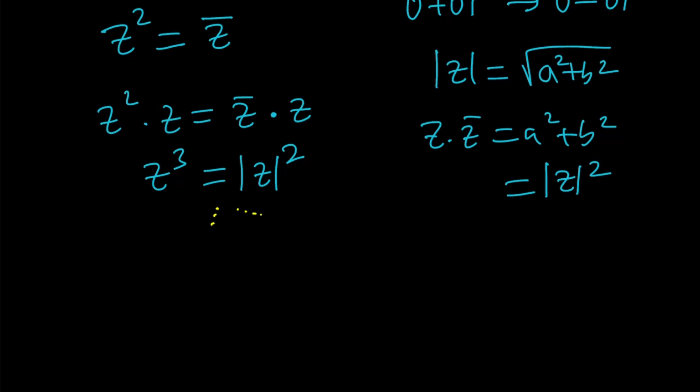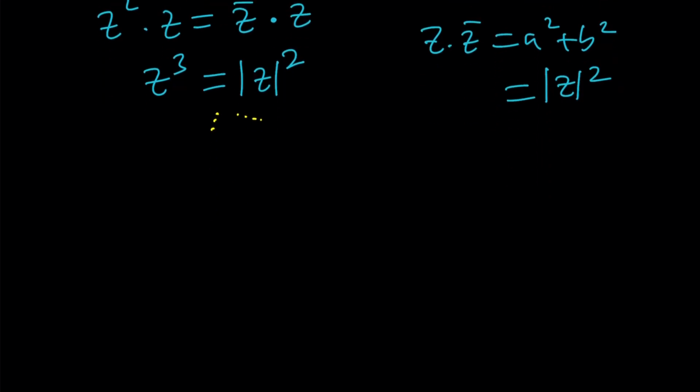Anyways, let's proceed with the method that is very typical for these kinds of problems. So z squared equals z bar. Since z is a complex number, it can be written in standard form or rectangular form. So what is the rectangular form? It is z equals a plus bi.